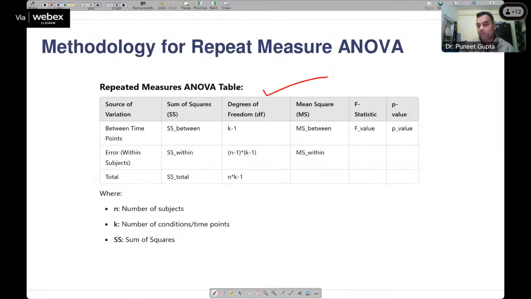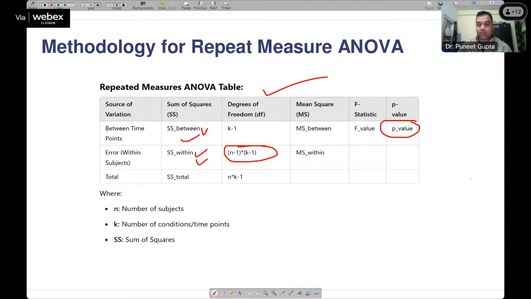You will have an ANOVA table and different formulas for them. The degrees of freedom have changed; there it was n-k, here it has changed, and the formulas have changed, but the concept is the same. You go for the p-value. If it is greater than 0.05, groups are equal. There is no improvement or no significant change over a period of time.